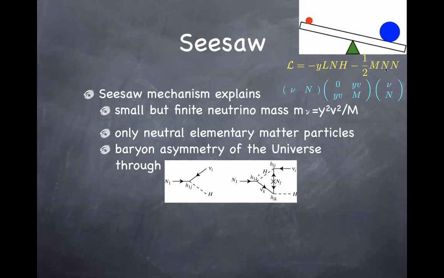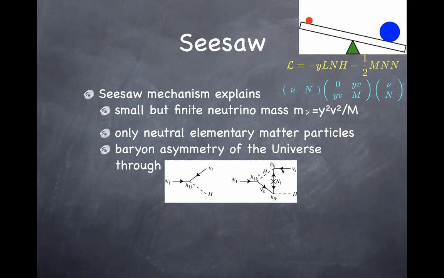Because this mass term is a Majorana mass of the right-handed neutrino, if you just compute this diagram, you would predict that the right-handed neutrino decays with 50-50 probability into matter or antimatter.